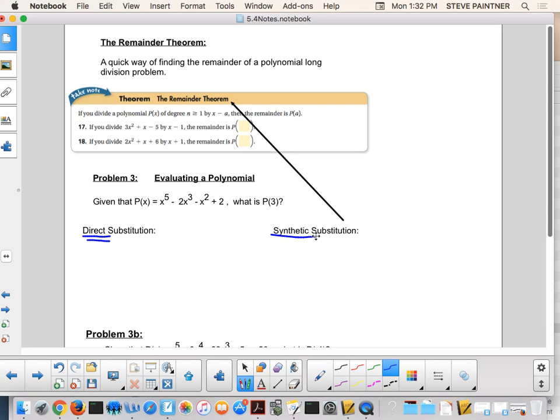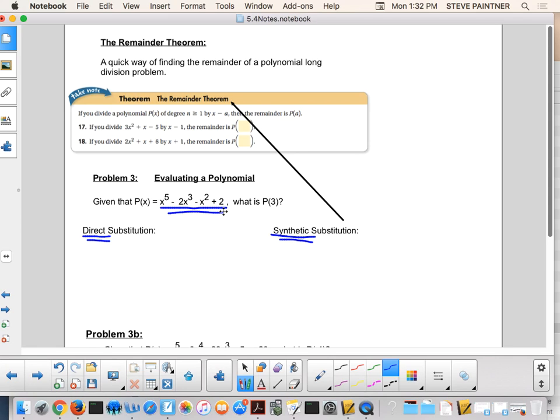One is direct substitution and one is synthetic substitution. Here's your polynomial, x to the 5th minus 2x cubed minus x squared plus 2. I want you to tell me what your polynomial value is when x is 3. So this says evaluate your polynomial when x is 3.